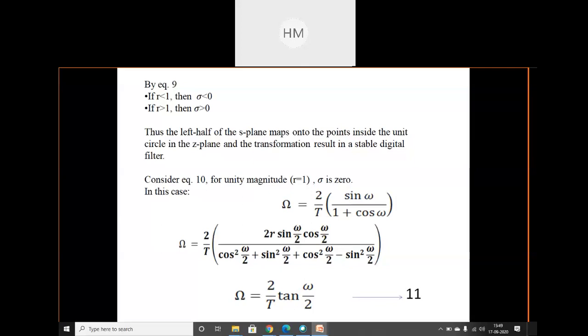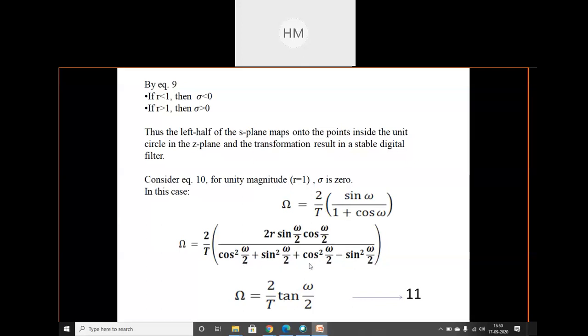Now we want a very simplified equation. This equation is in terms of sine and cos. Generally, I have seen the ohm equation or the phasor equations in the form of tan. So we will convert this equation in terms of tan. Sine omega I have replaced by 2 sine omega by 2 cos omega by 2, and 1 plus cos omega is replaced by 2 cos square omega by 2.